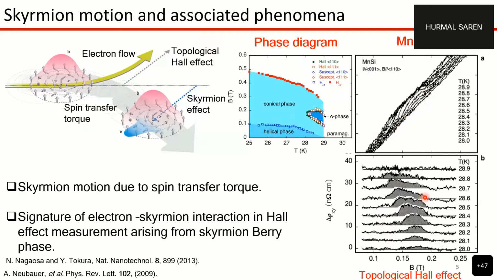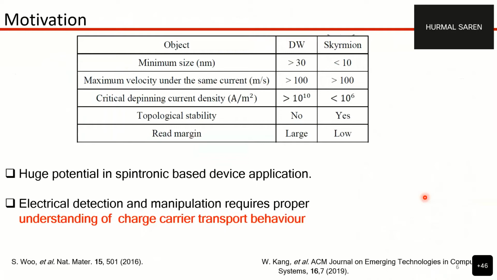These are the topological Hall effect. Because of the small size, less than 100 nanometers or so, extreme stability and low depinning threshold current, it has huge potential in spintronic based device application. For that, one needs to understand the charge carrier transport, and this is our motivation to understand the charge carrier transport behavior.